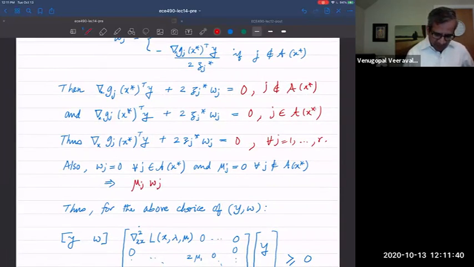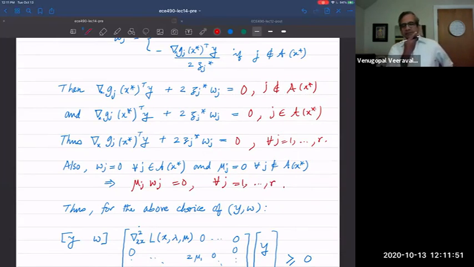One of them is going to be 0, right? So for this choice of wj and y, we have that mu j times wj must be equal to 0 as well.